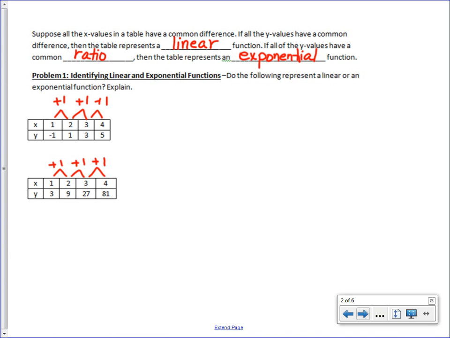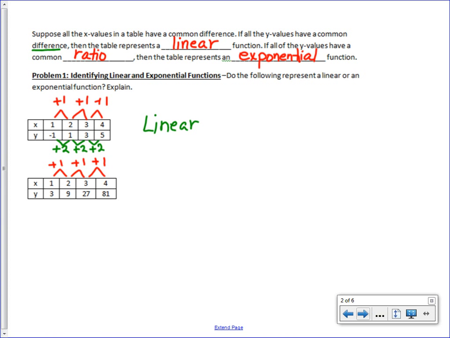Now let's look at the y values. In our first table, to get from -1 to +1, you would add 2. 1 plus 2 gives 3. 3 plus 2 gives 5. All right, so what we have is a common difference. And when we have a common difference, we have a linear function.